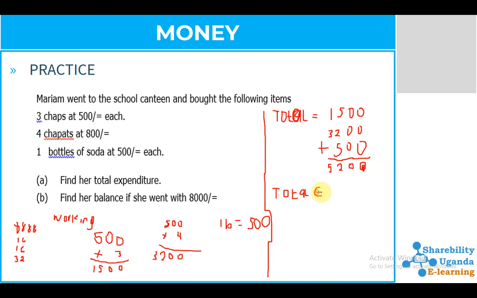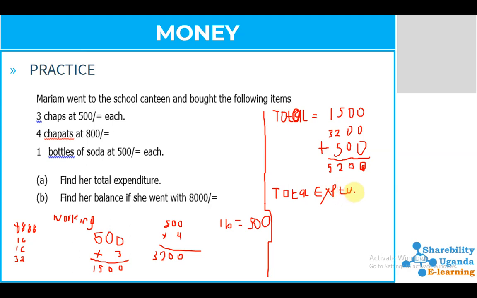Our total expenditure, this one. I'm going to abbreviate this, I'm not going to write it all.